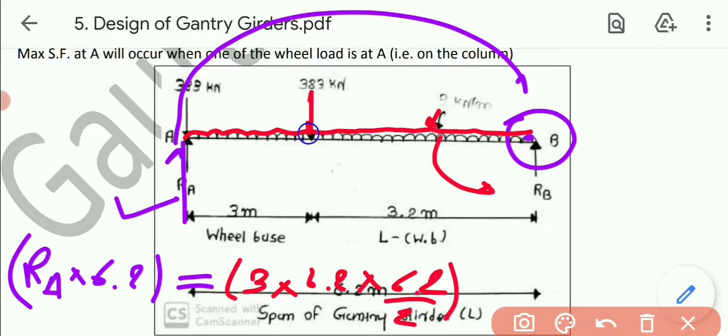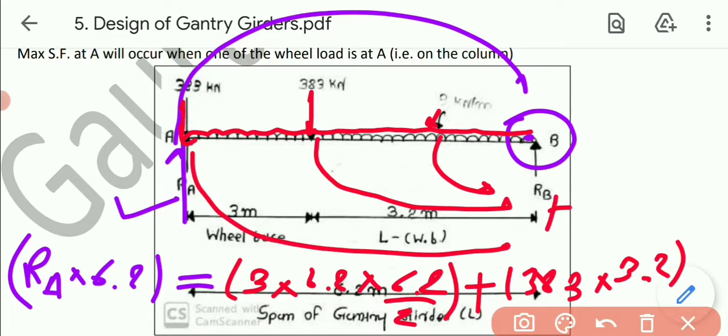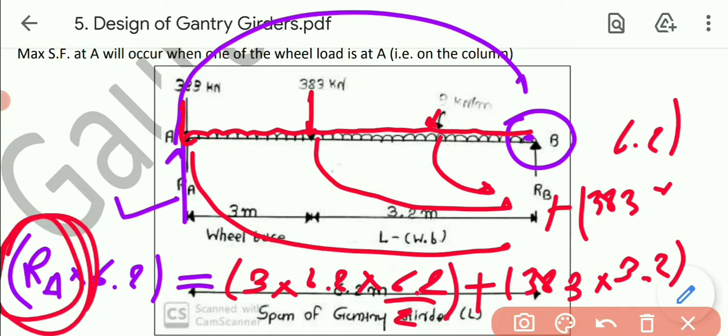Then this 383 into 3.2, plus this 383 into the entire span, that is 6.2. So from this I will get the value of RA.